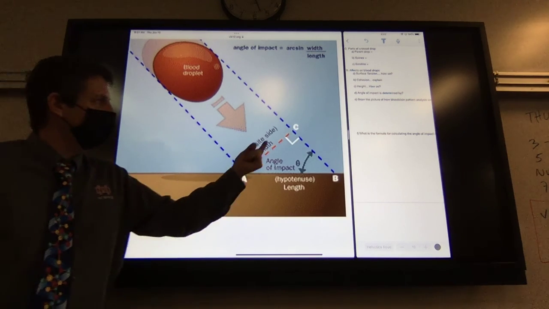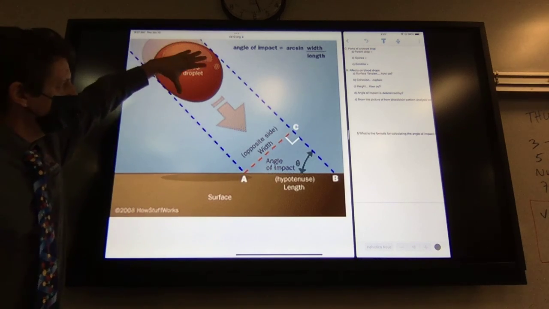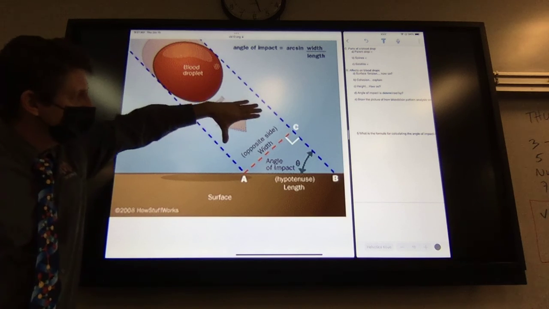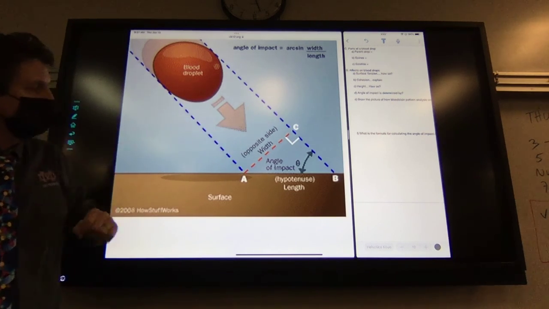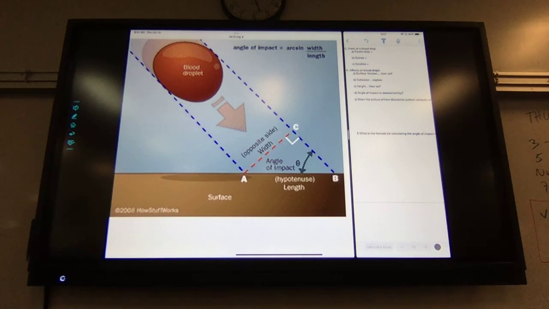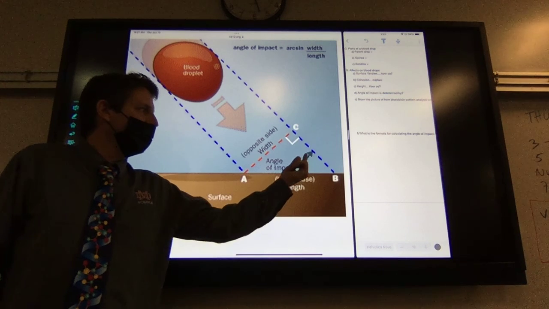So when you have one 90-degree angle right there, as the blood drop is coming in, this is the width of the blood, so that's going to become this side of the triangle. So go ahead and sketch that out. The key angle that you are calculating is right down over here.